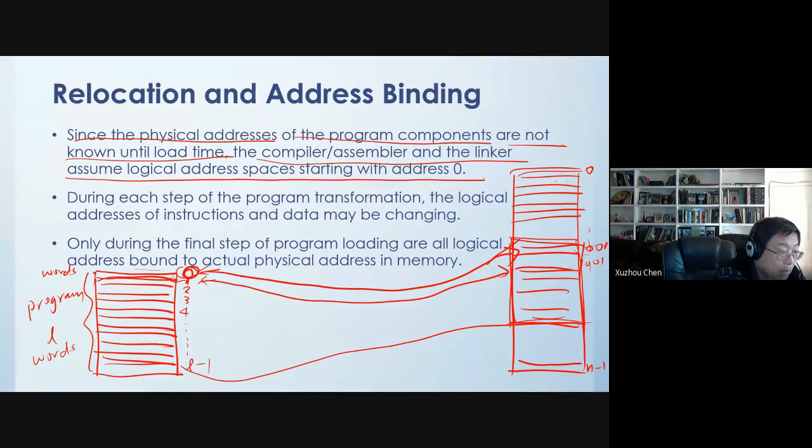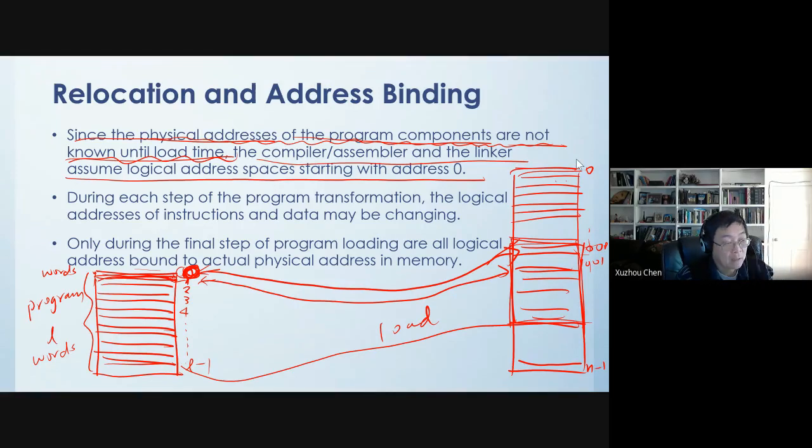So that's why the physical address of the program components are not known until load time. Once you load the program in physical memory, then you know exactly which instruction, which was the first instruction in the logical address, but in the physical memory address it may not be located at 0.